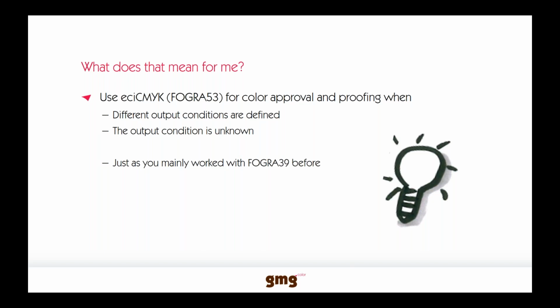You use FOGRA53 when you don't know the output condition, or in the idea of a media neutral workflow, when you have different output conditions, a lot of different output conditions, for instance. Just as you used FOGRA39 before, when the output condition was unknown.